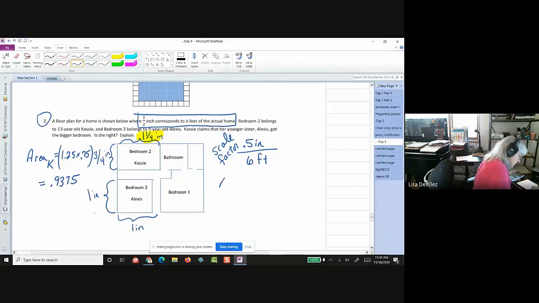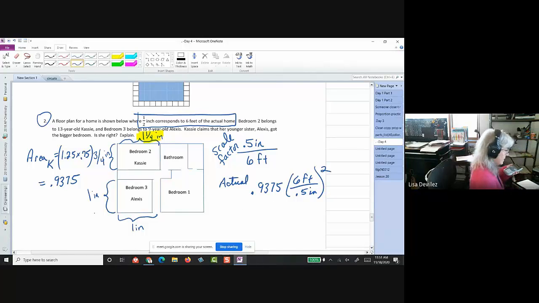All right, and then the actual area: I take the area and multiply it by the scale factor squared. So I do 6 feet over 0.5 inches, and square that.